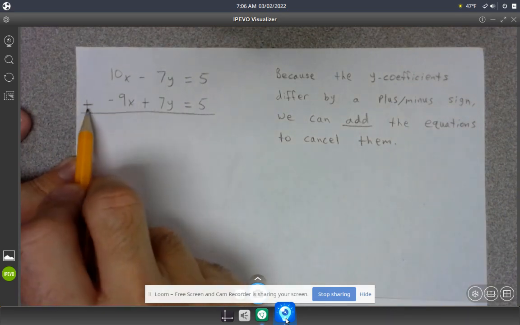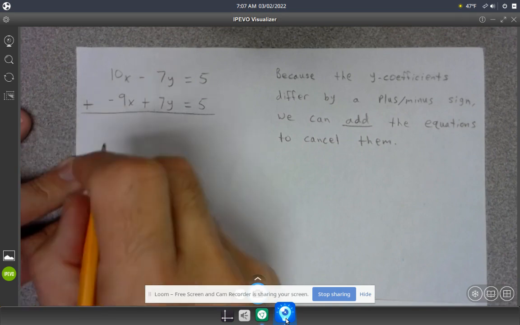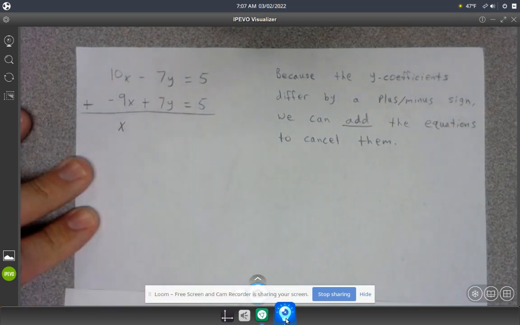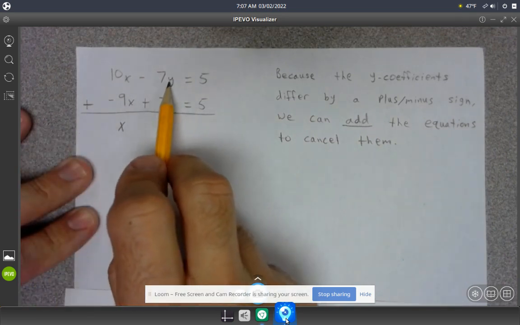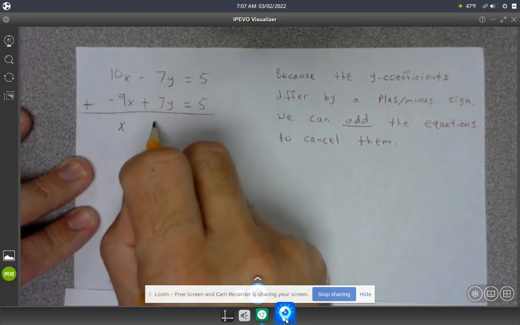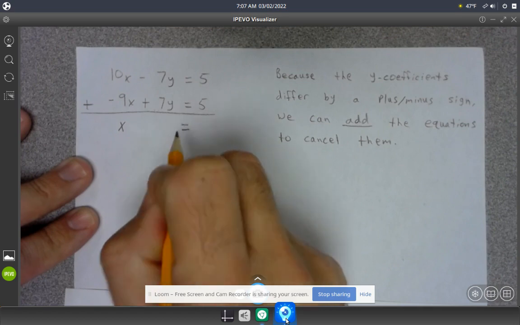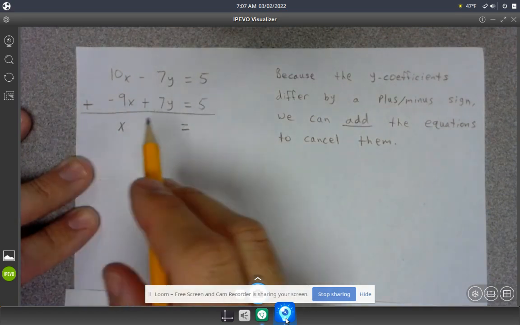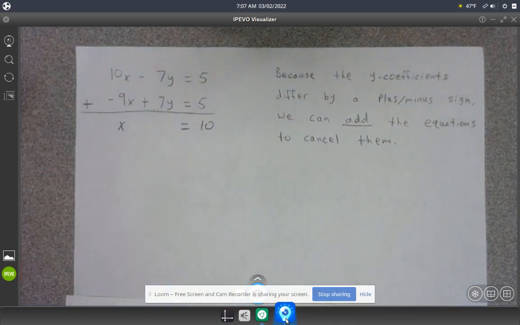So 10x plus negative 9x, that's just going to give you 1x. And then the negative 7y plus the 7y are just going to cancel out, so that's going to be a 0. And then you're going to get 5 plus 5, so 10. So there we go. x is equal to 10.